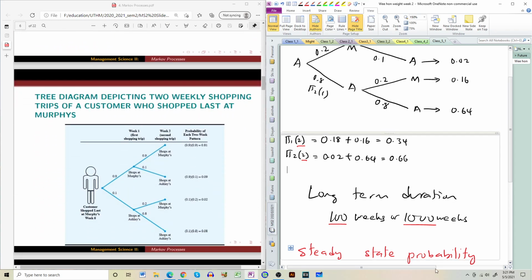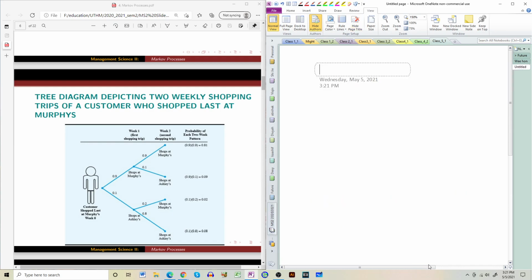I'm going to the next page. We are going to find the steady state probability.